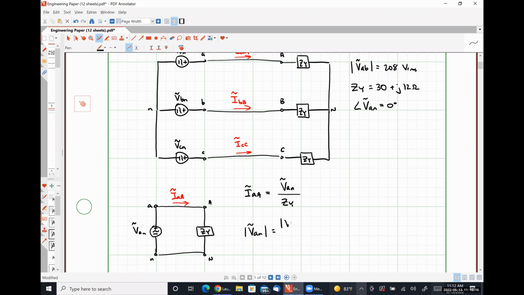Exactly right. So this should be 120.089 volts RMS. We are told very explicitly that our phase angle is 0.